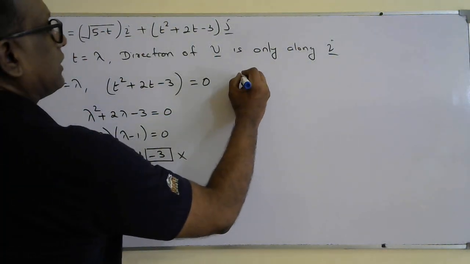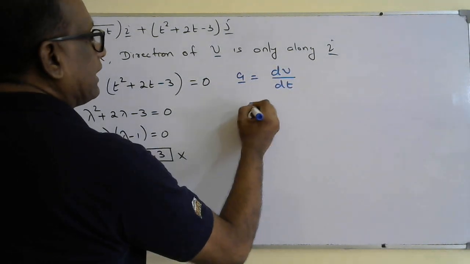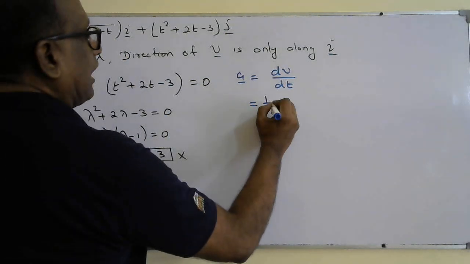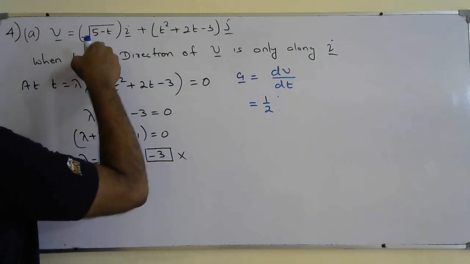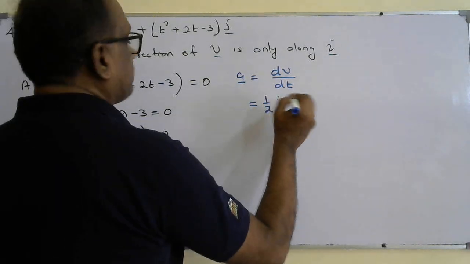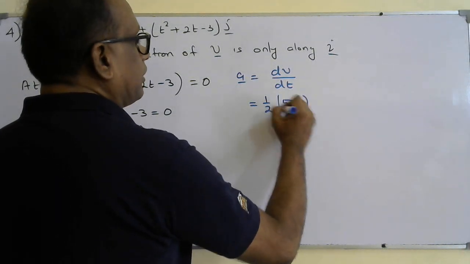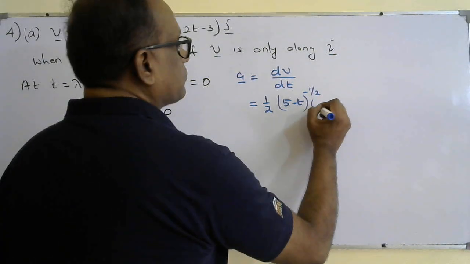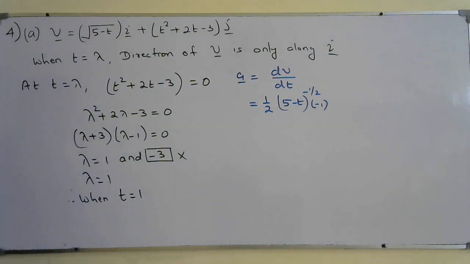So a is equal to dv over dt. We know the velocity vector, differentiating. So that's going to be half into 5 minus t to the power minus half, into minus 1, because when I differentiate inside 5 minus t, there will be minus 1.